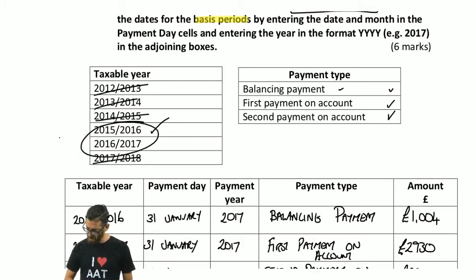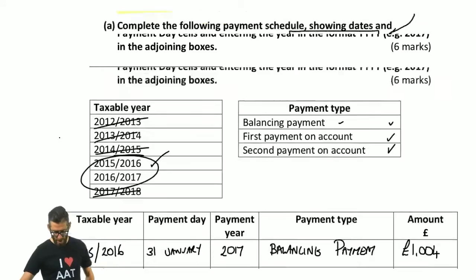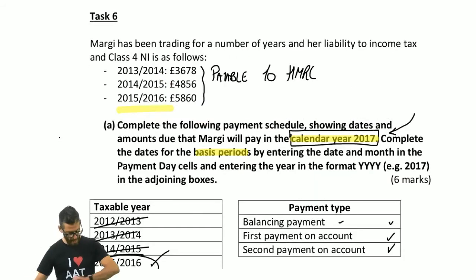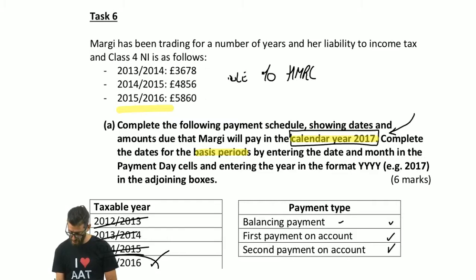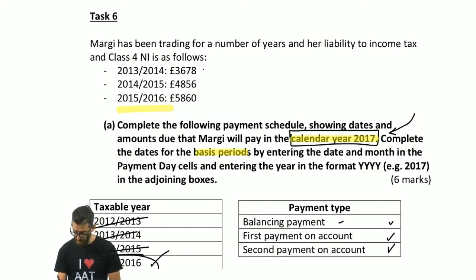We needed these too. Refreshing your memory, Margie has been trading for a number of years, and her liability to income tax and class 4 national insurance was these figures here. And you must recognise that these figures will be the basis of what gets paid in the following year.